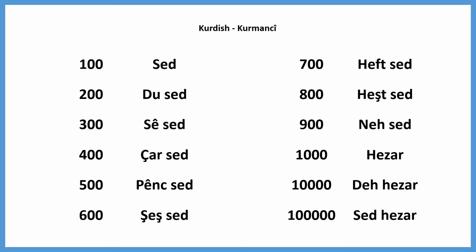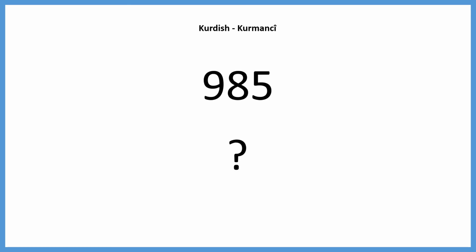As multiples of 1000 follow the same rule as multiples of 100, 2,000 would be du hezar, and 3,000 would be se hezar, and so on. So 10,000 would be de hezar, and 100,000 would be sed hezar. We will end the lesson with 3 examples that are more tricky. Take some time to apply the rules that you have learnt when forming these numbers, and I am sure that these will soon become simple for you.